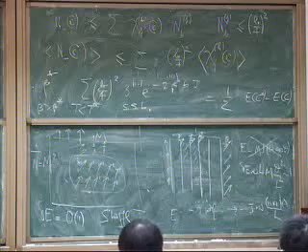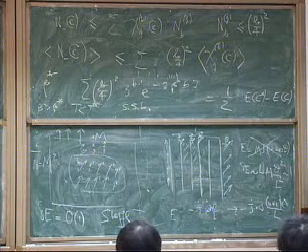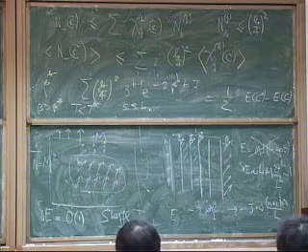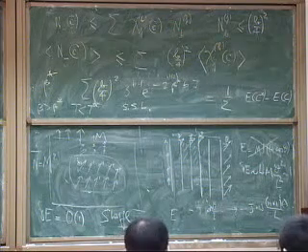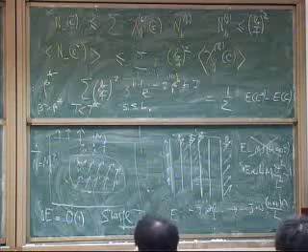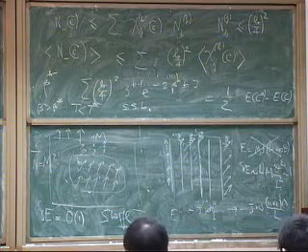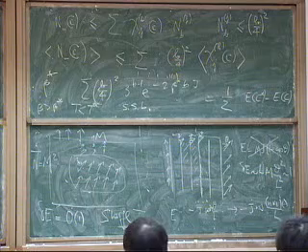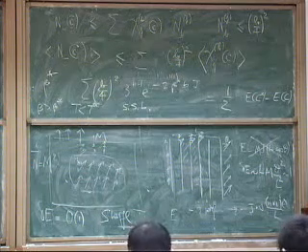So in this case, the lower critical dimension is equal to 2. There is no spontaneous symmetry breaking in 2 dimensions.